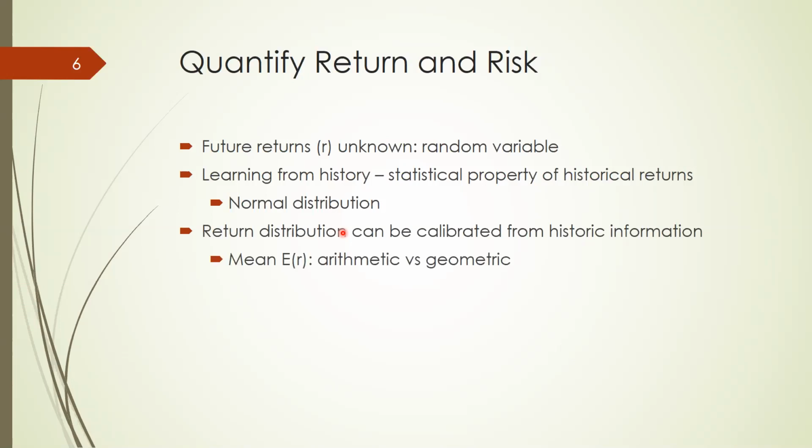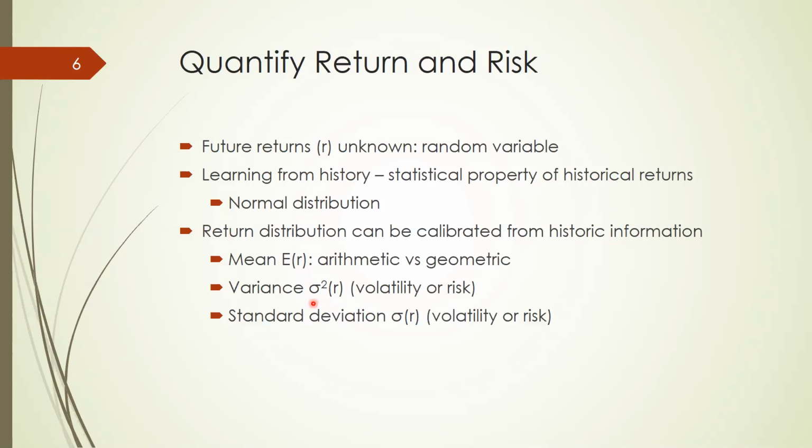To describe a normal distribution, we need two important parameters. One is the mean. We can use the arithmetic or the geometric mean. The other is the second moment, which can be represented by either the variance or the standard deviation. Both are called the volatility or risk. Variance is the squared standard deviation, so they have a one-to-one mapping.